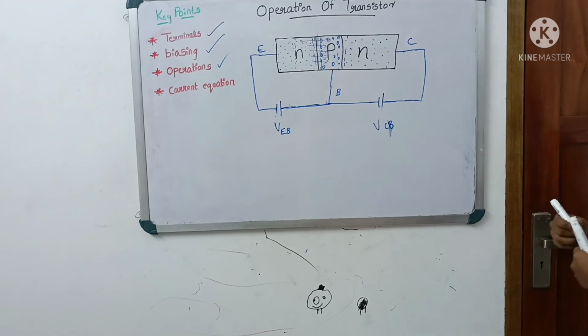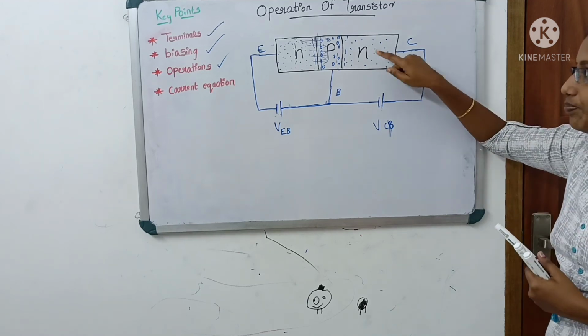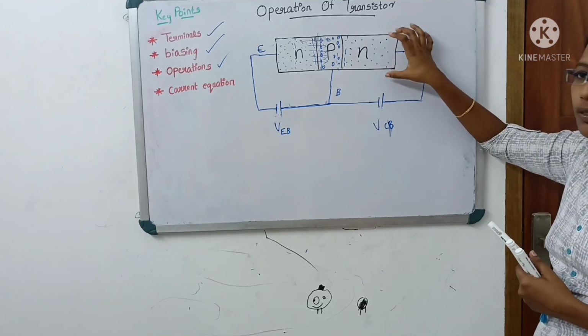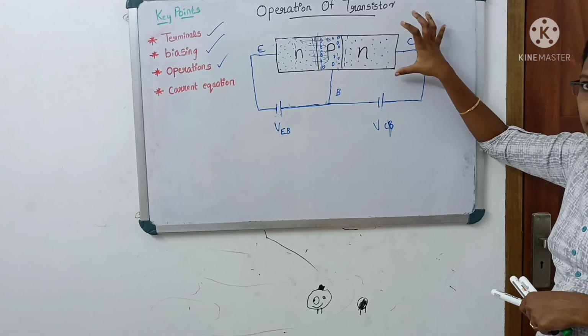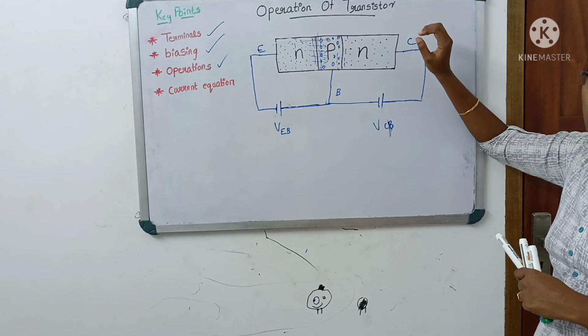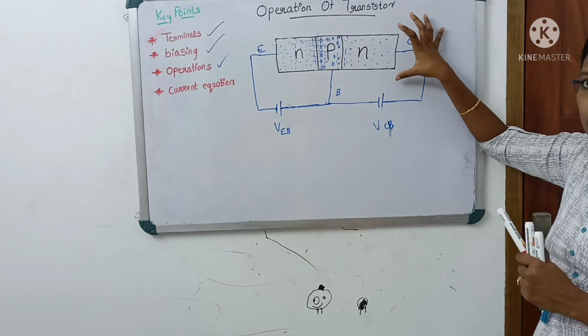After that, there is the collector. What is the function of the collector? It collects all the electrons that are emitted from the emitter. That is the actual function of the collector.